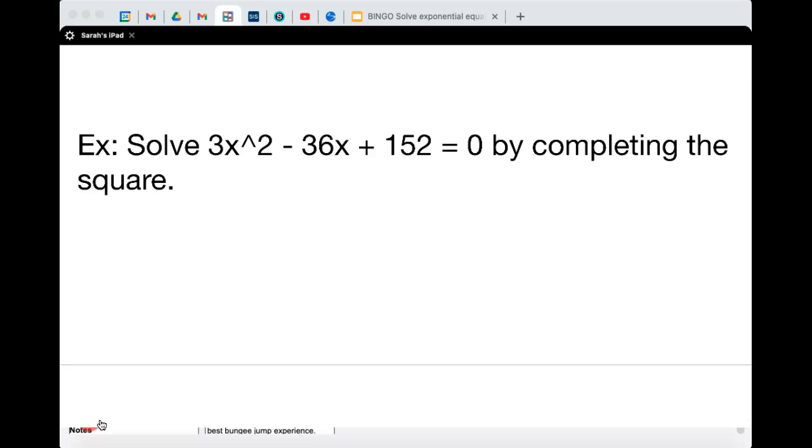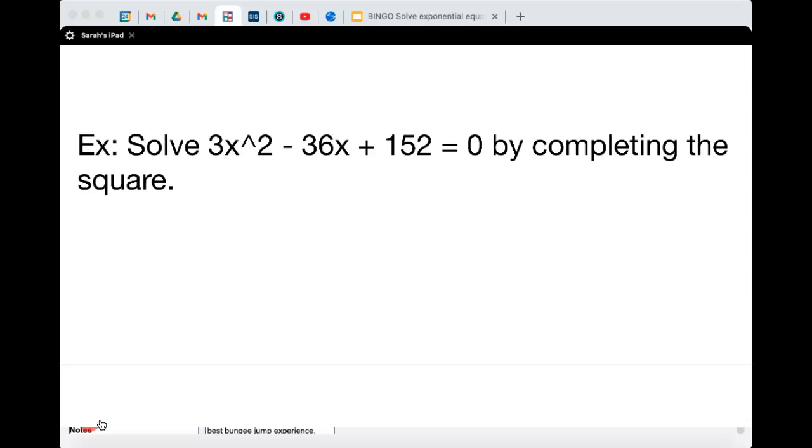Okay, last but not least, here we go. What should we do first? We're not set up to factor yet. What should I do on the left side? What should I do on the right side? We will, but not yet.